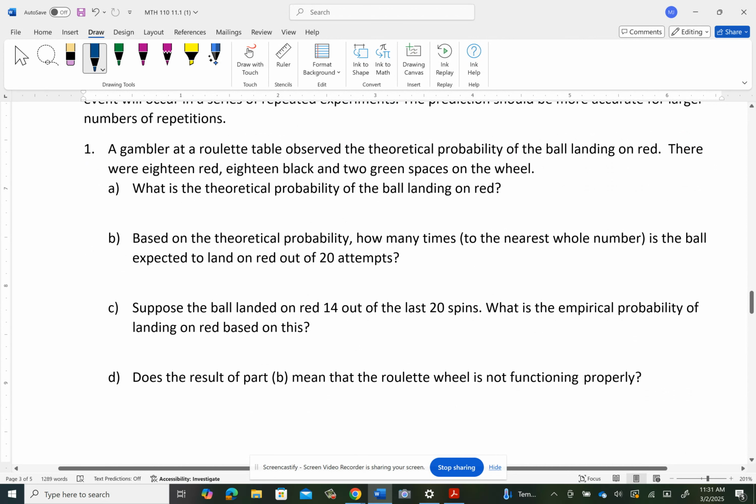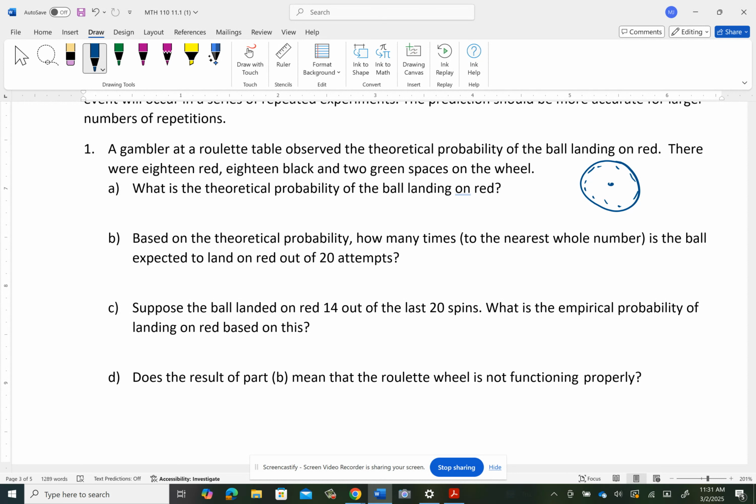Okay? So let's look at this situation here. We have a gambler at a roulette table. A roulette table is a wheel that has all these spaces around it that can hold a ball. As that wheel spins, the ball moves and finally lands in a particular space.